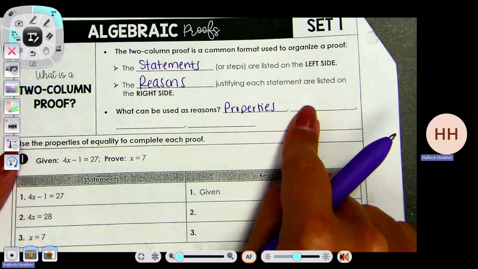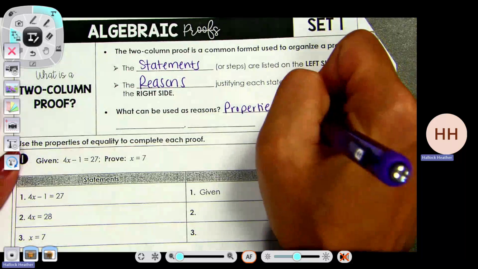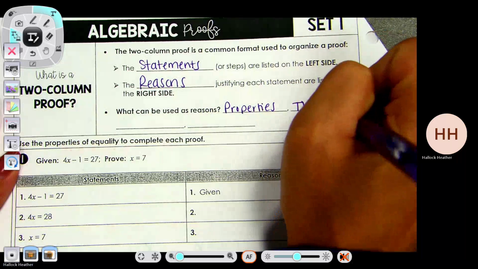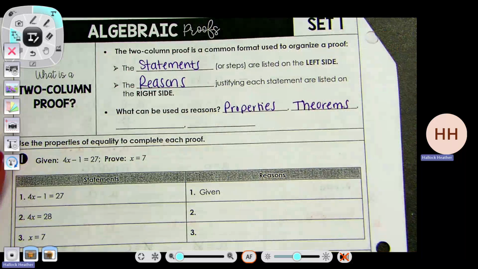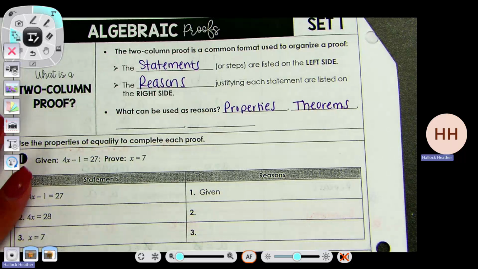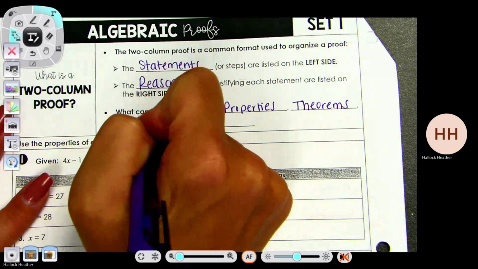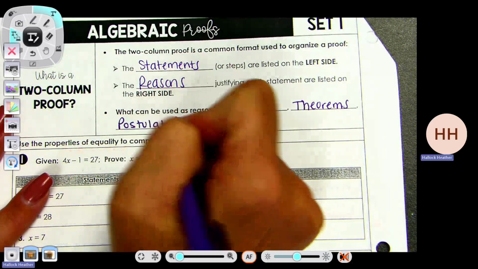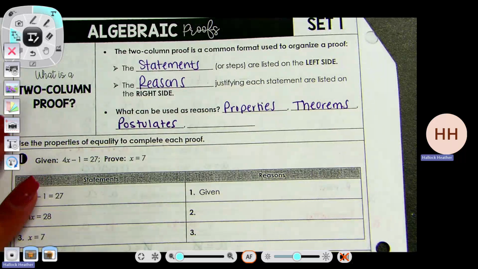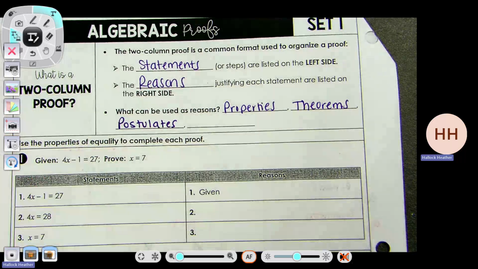The other thing you can use is theorems. So one day we're going to be doing proofs on triangles, and you're going to say like the Pythagorean theorem because it's a theorem. It's like a rule that we talk about in geometry. Postulates, which is basically another word for theorems, like segment addition postulate, angle addition postulate.